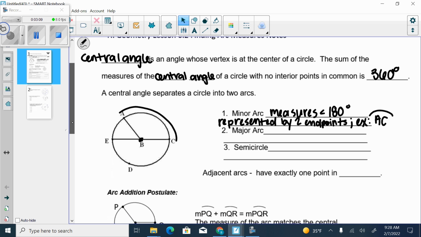So if a minor arc is less than 180 degrees, what do you guys think a major arc has to measure? More than 180, but no more than 360, right? It can't be more than what the actual circle is. So this one is going to be between 180 and 360. This one is going to be represented with three endpoints to name it.